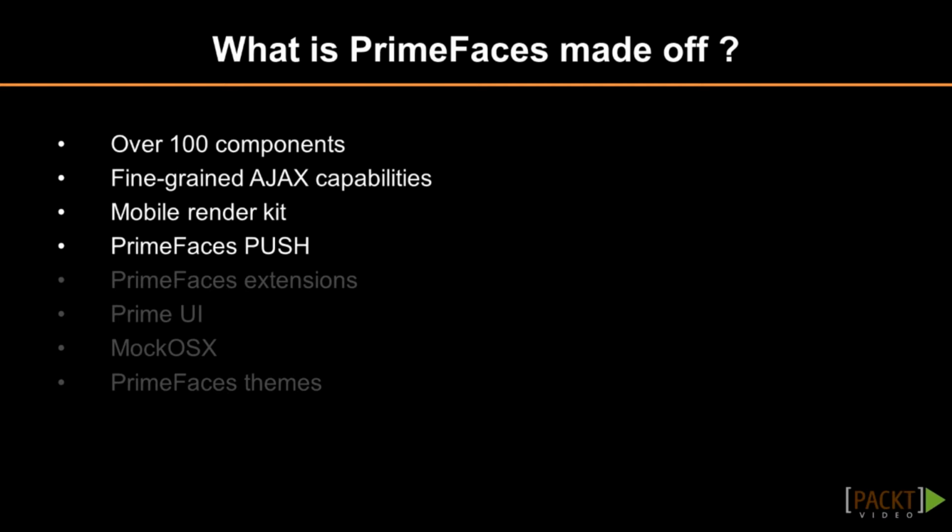Besides Push, PrimeFaces comes with PrimeFaces Extensions, which is a lightweight open source component library for JavaServer Faces 2.0. Built on top of PrimeFaces, this library contains extended components missing in other JavaServer Faces libraries, or improved components, which already exist somewhere but don't work there smoothly.